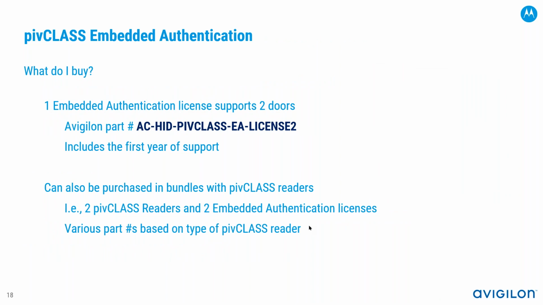Here is the license for the 4502. So this is the reader license for the authentication module, right? So you get the PAM inside of that board. And this one you can also purchase in a bundle.